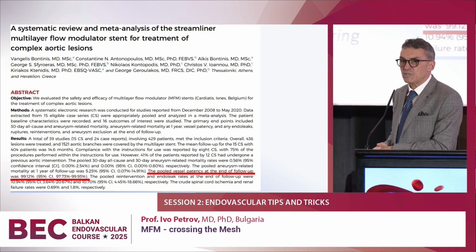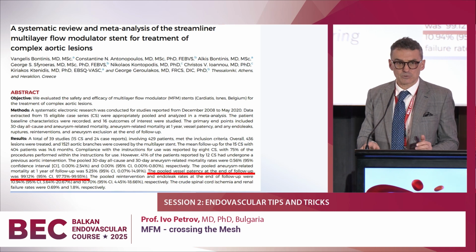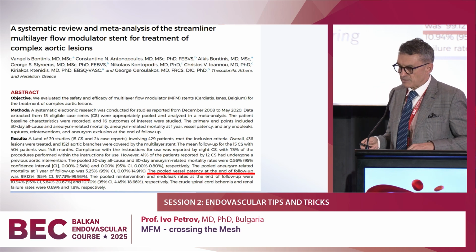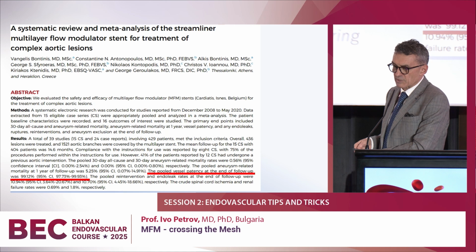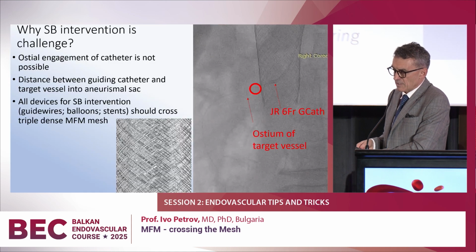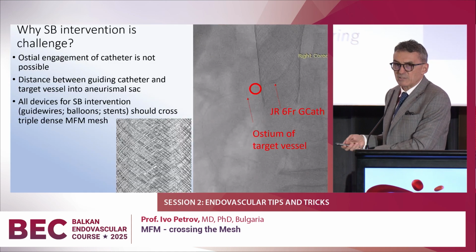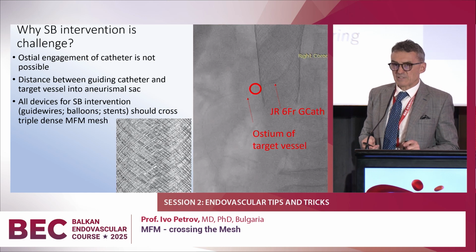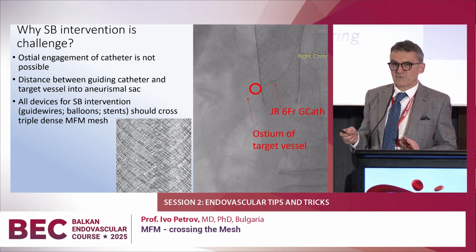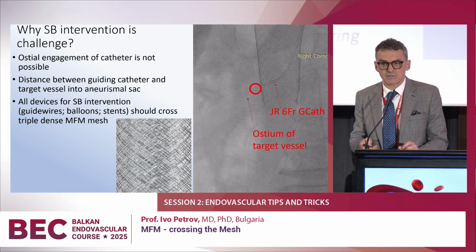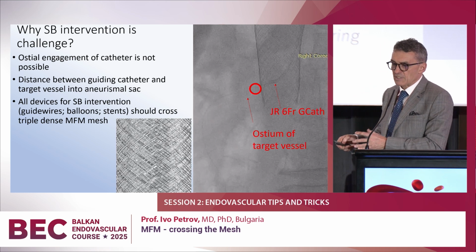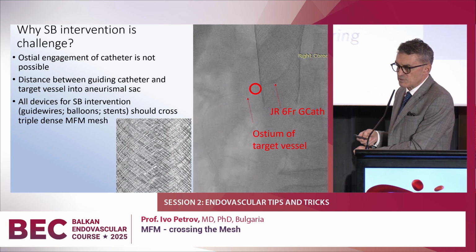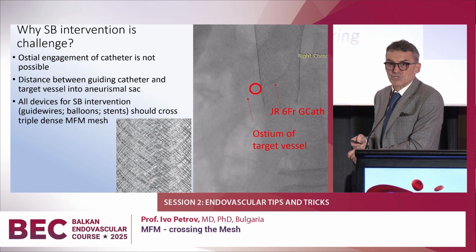But what if there is atherosclerotic disease? This is the problem. This more than 95% patency is really true, but there are between 5 and 6% of patients that have advanced atherosclerotic disease, and in this situation, it will be a challenge.